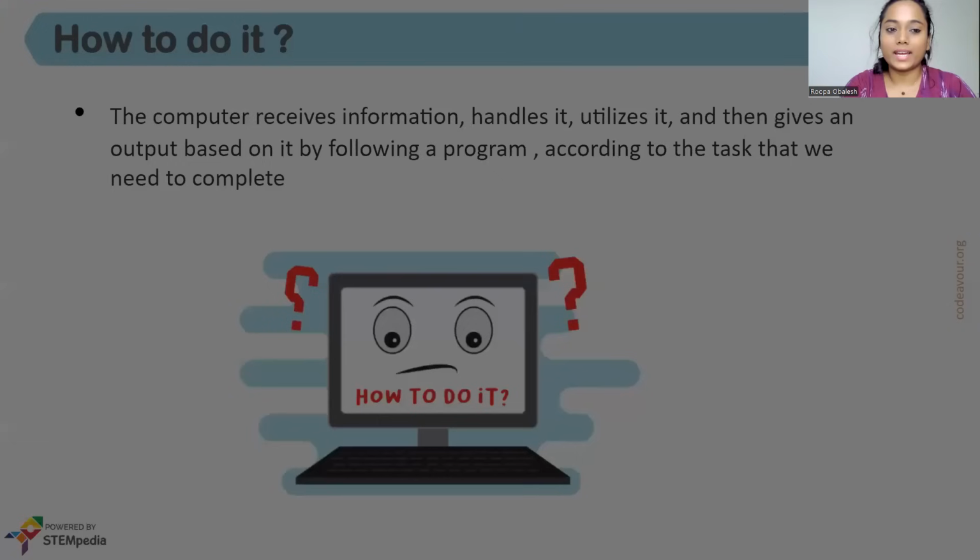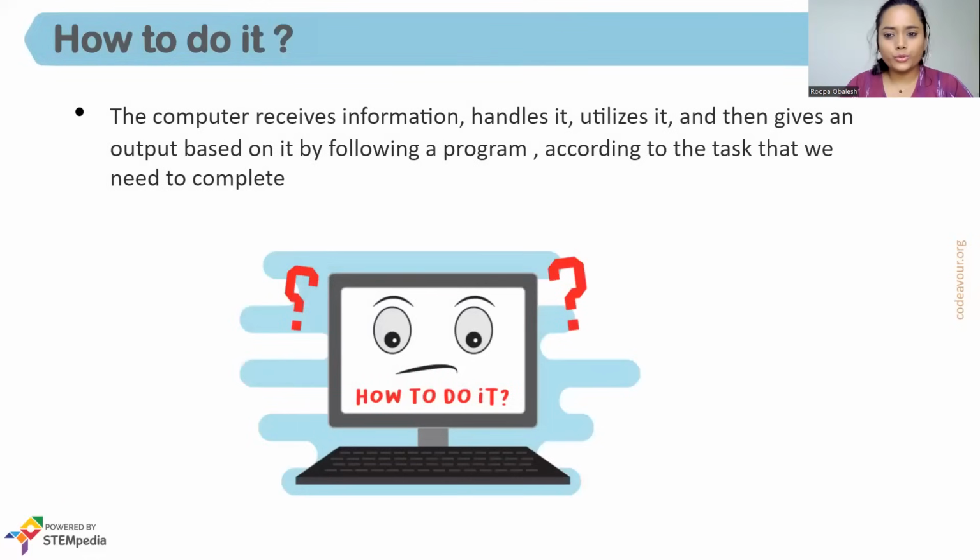Let us move ahead. We understood that a program is nothing but step-by-step instructions, and there are programming languages using which we can code it. Here, the computer receives information, handles it, utilizes it, and then gives an output based on the program, according to the task that we need to complete.